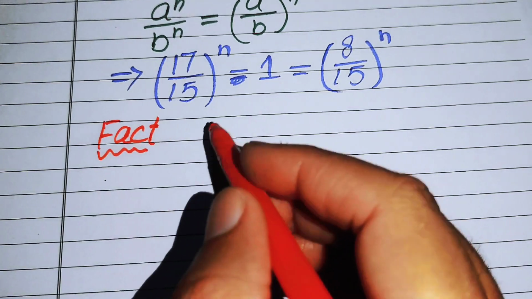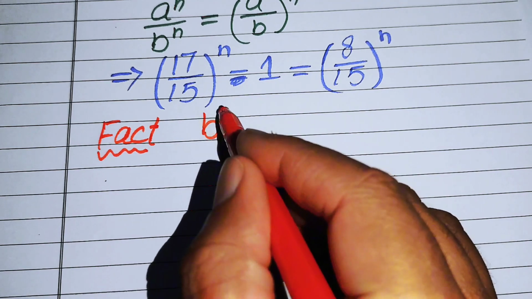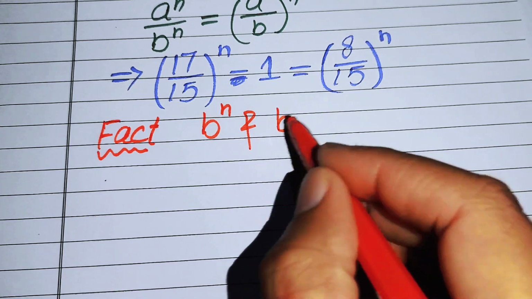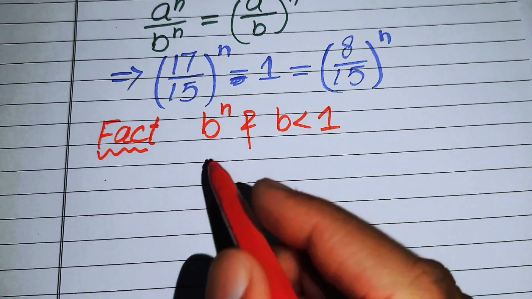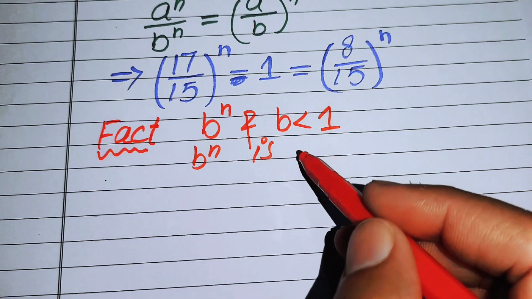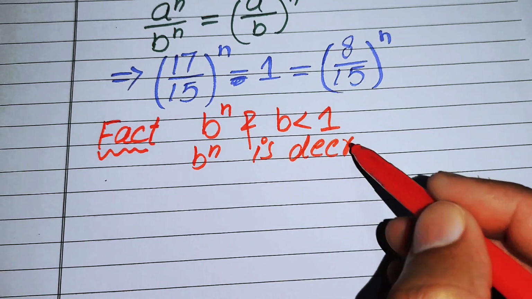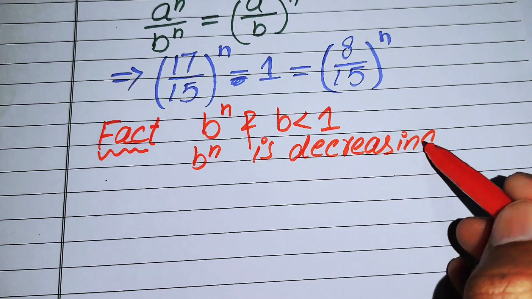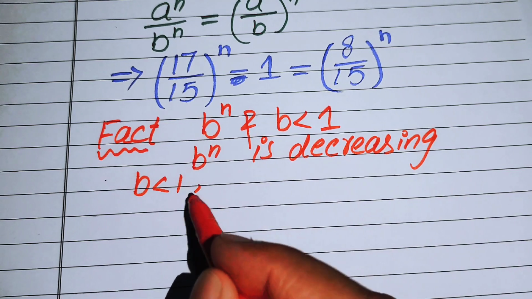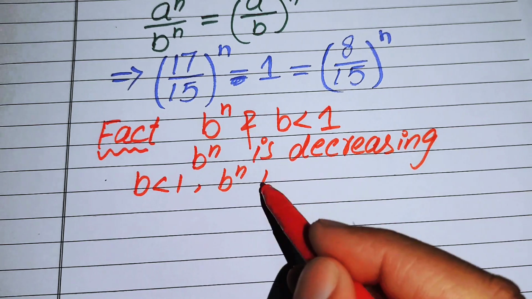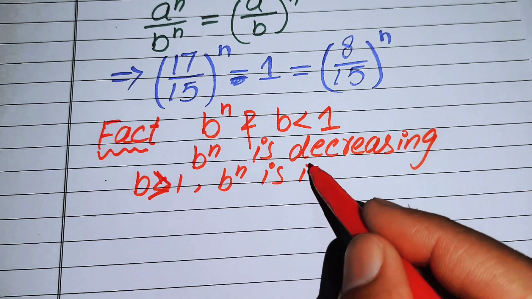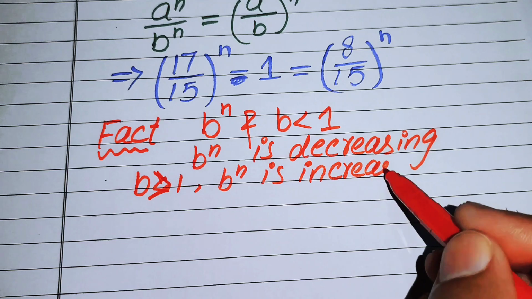If you have b to the power of n, and our base b is less than 1, then we can say that b to the power of n is a decreasing function. And similarly, if b is greater than 1, then we say that b to the power of n is an increasing function.